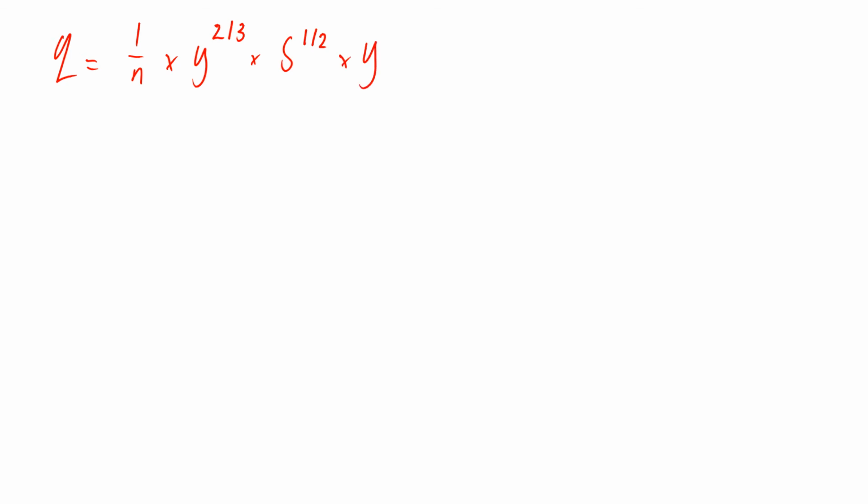Now you can collect the y terms. The equation becomes q equals 1 over n times y to the 5 over 3, because you're collecting y to the 2 over 3 plus y to the power 1.